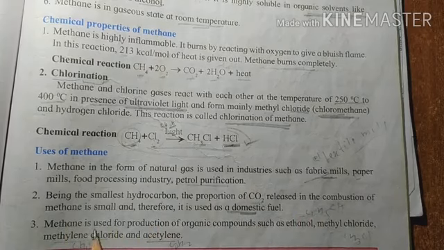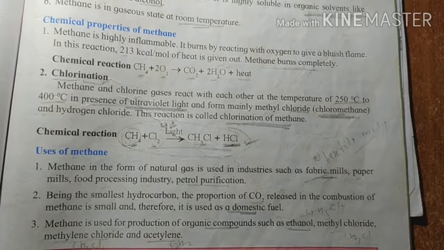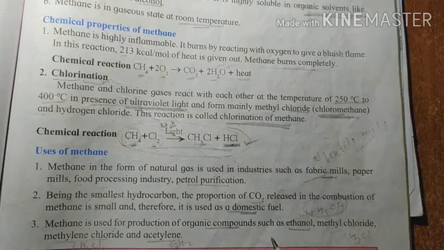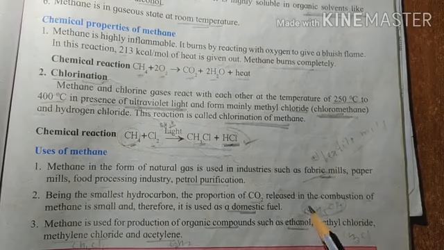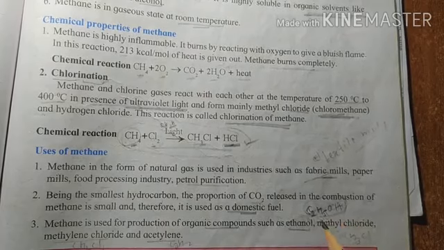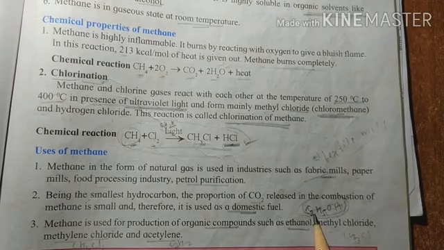Methane is used for production of organic compounds such as ethanol. Ethanol is an organic compound with the molecular formula C2H5OH. In common name it is ethyl alcohol, but in IUPAC name we say ethanol.